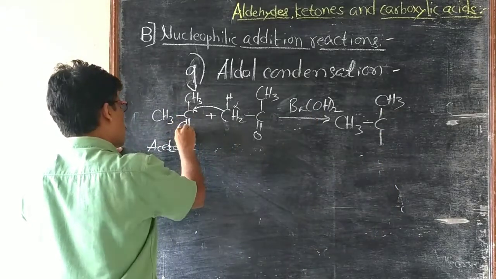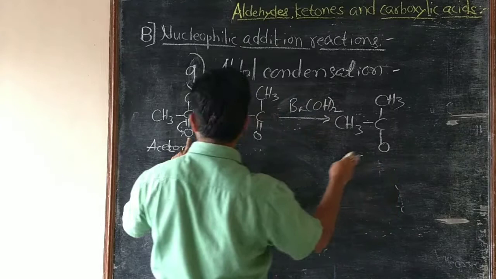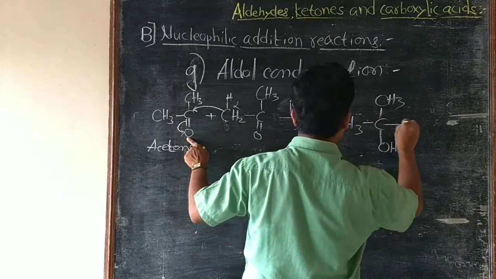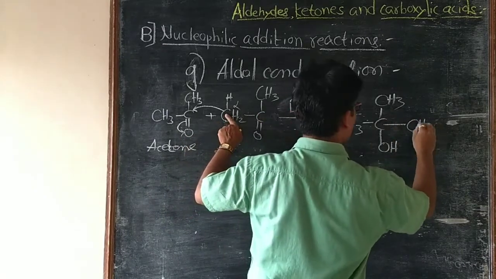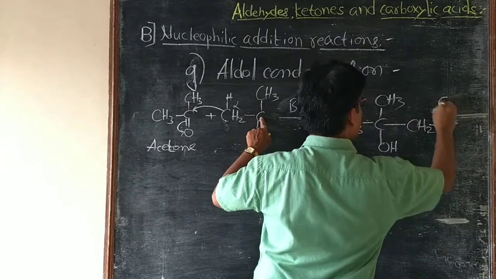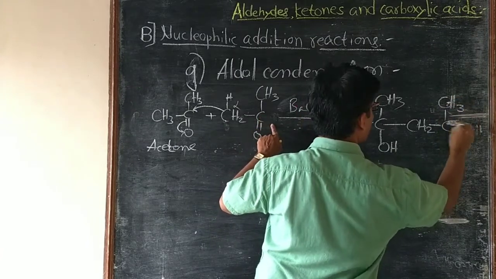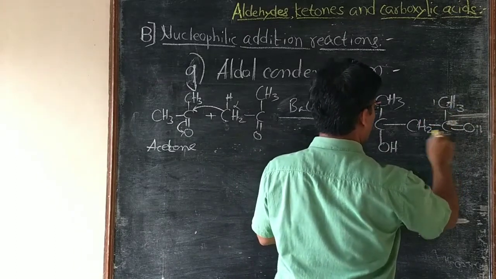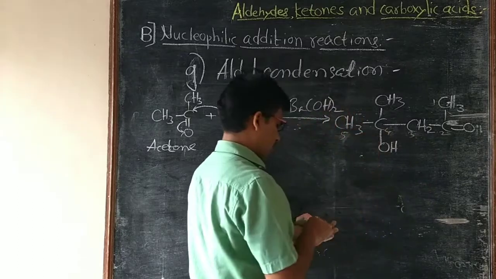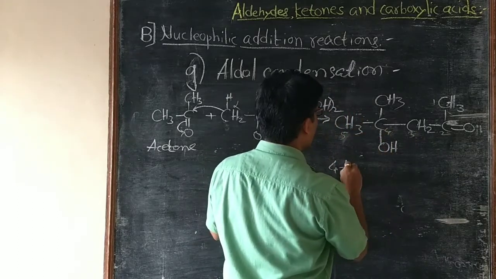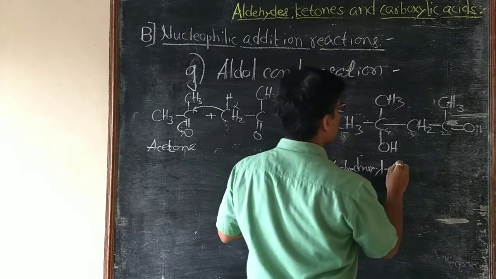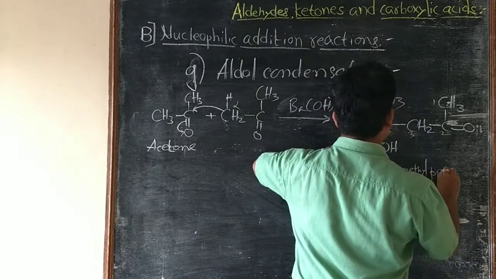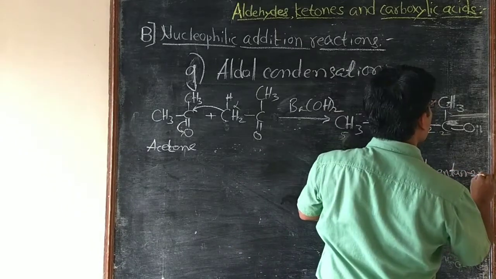Then the electron pair goes to the oxygen to form O minus, then the hydrogen is released to form OH. Then this CH2 CH3 double bond O. Its name: select the longest continuous chain of carbon atoms 1, 2, 3, 4, 5, 4-hydroxy, 4-methyl, pentan-2-one.